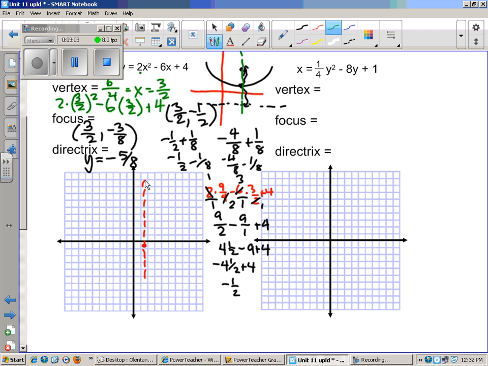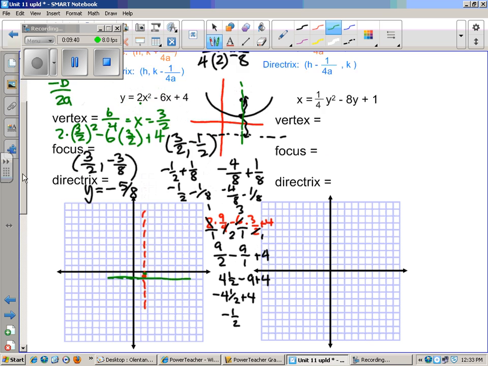So it's going to be like right there. The focus is 1/8 above the vertex. And the directrix is going to be 1/8 below the vertex. So it's going to be, actually let me just make that solid. It's going to be down here.